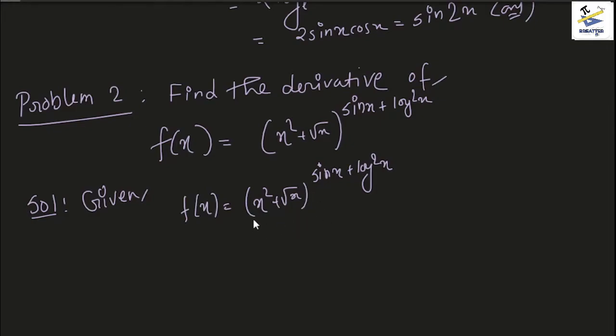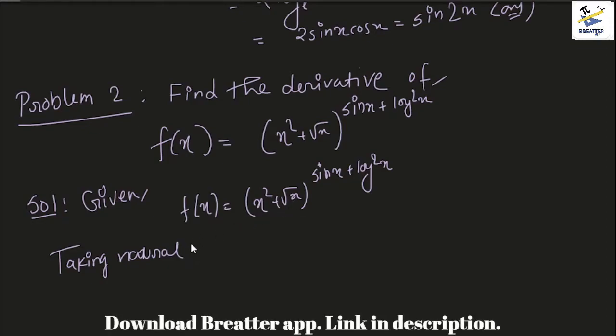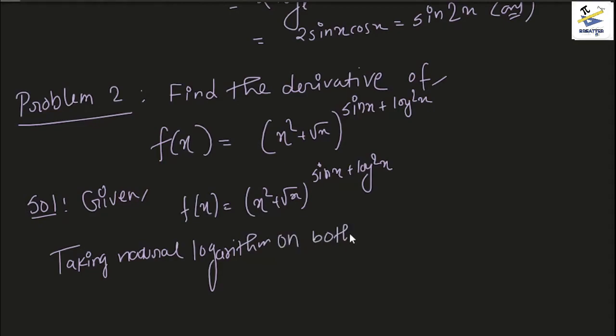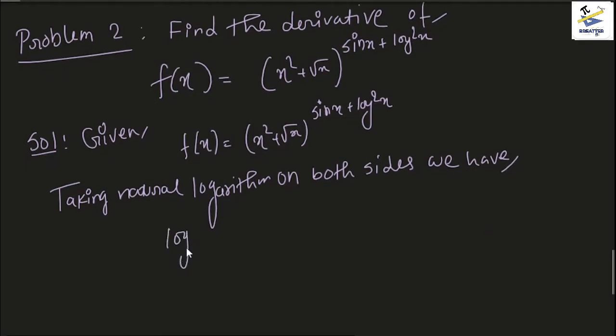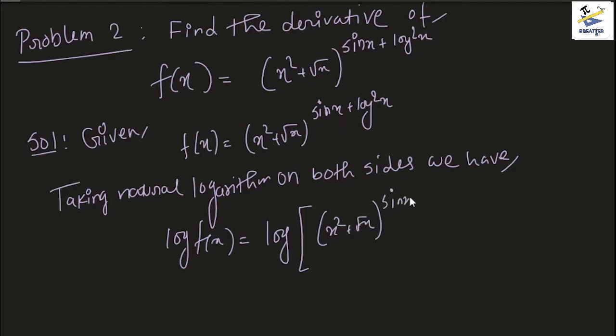And since it was given, we can see that taking log on both sides, we have log of f x is equal to log of this whole thing, x square plus root x to the power sin x plus log square x, right?